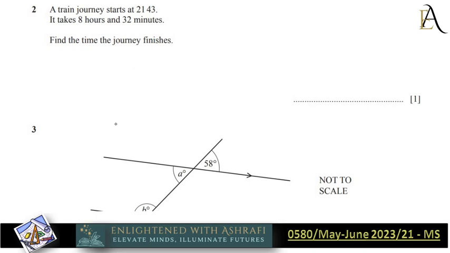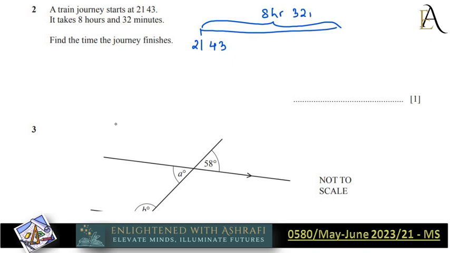A train journey starts at 21:43. It takes 8 hours and 32 minutes. Find the time the journey finishes. So the journey starts at 21:43 and continues for 8 hours 32 minutes.